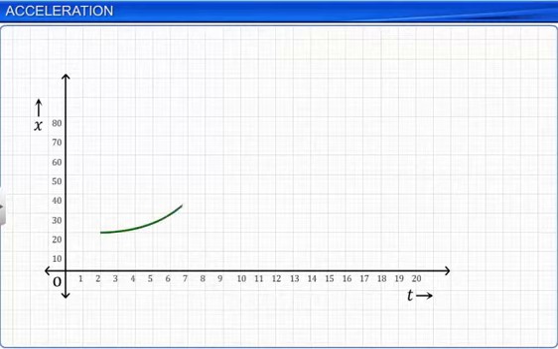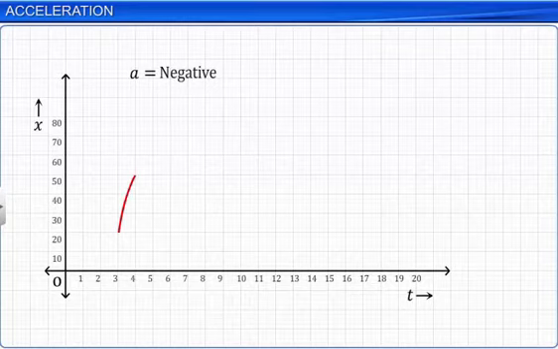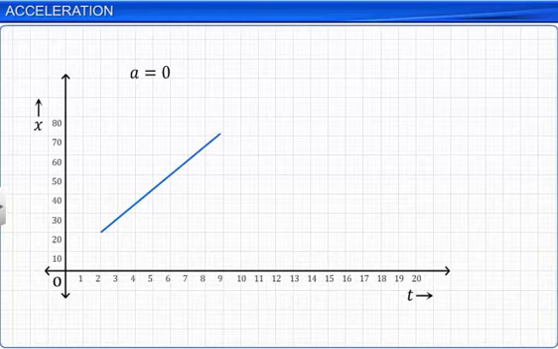This red curve represents negative acceleration. Whereas for constant acceleration, meaning it is moving with uniform velocity, it will be a straight line, as you have seen in the diagram just now.